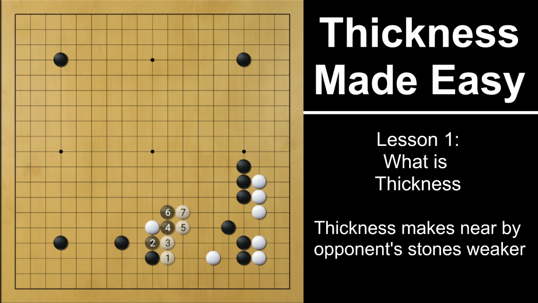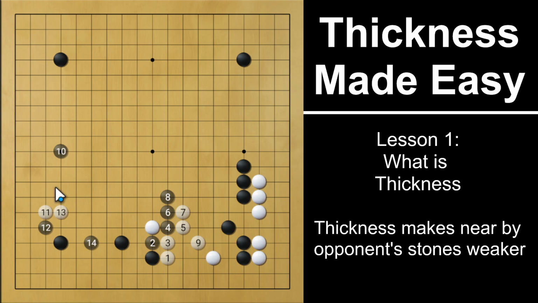Remember? Let's go back. We can't even consider this as a moyo, but while attacking, let's say this, and white somehow lived over here. Let's say white is alive, and we have a large moyo.